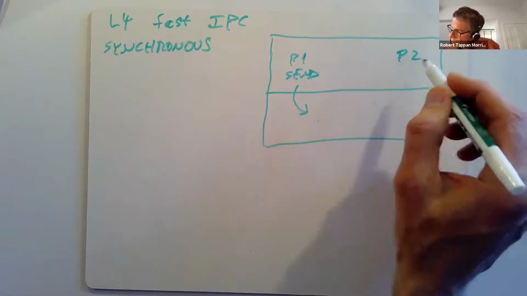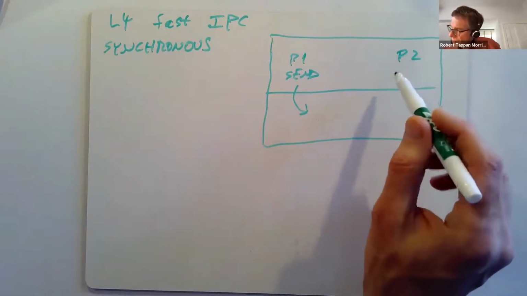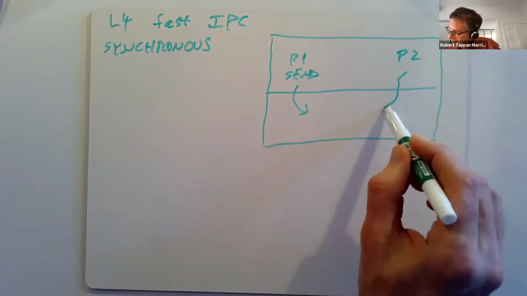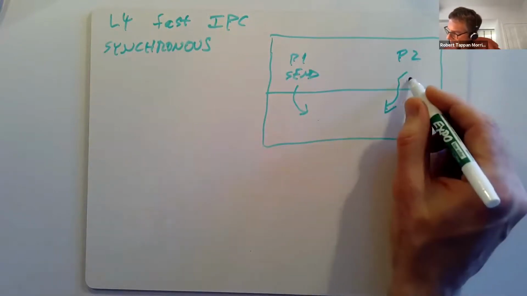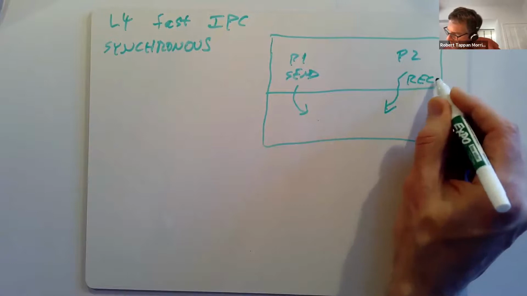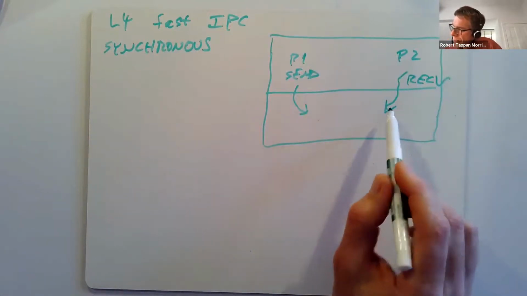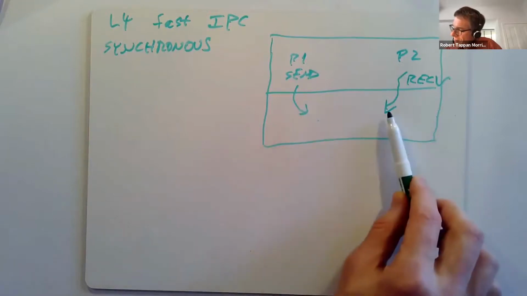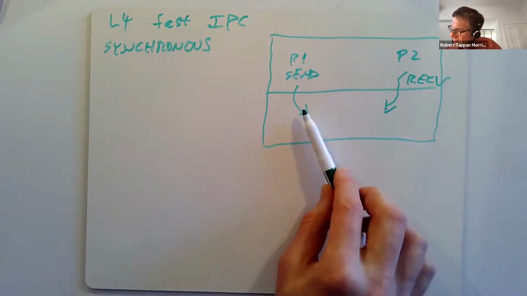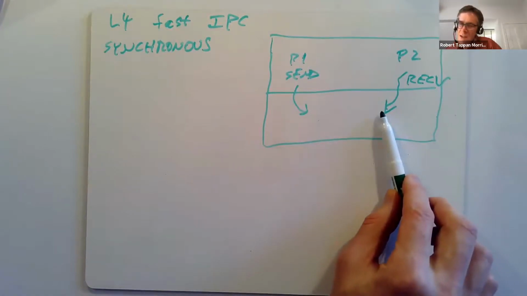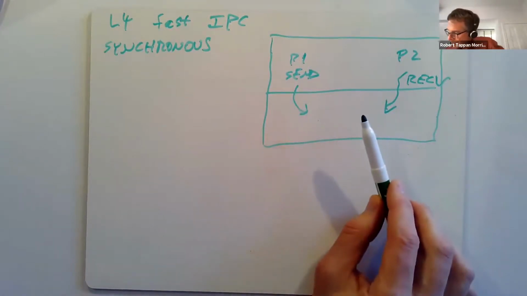P2 is either already in the kernel waiting in a call to receive, or P1 send waits for P2's next call to receive. When both have arrived, when P1 is in the kernel in its call to send, and P2 is in the kernel in its call to receive, only then does anything happen.